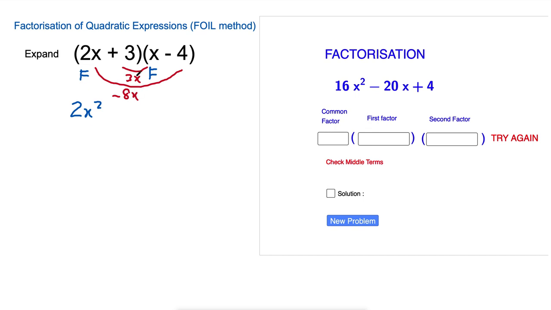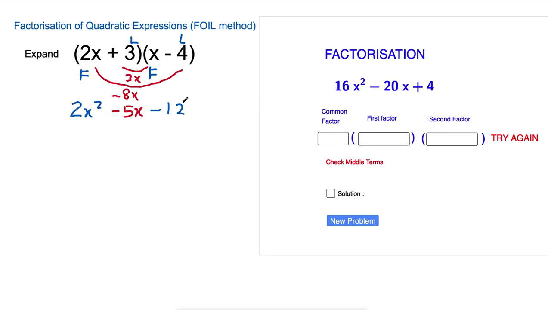And when we sum it up, we will have negative 5x as the middle term. Then finally, the last term: we are multiplying the last term in each bracket, which is 3 times negative 4 to give us negative 12. So the expansion does not have any brackets.